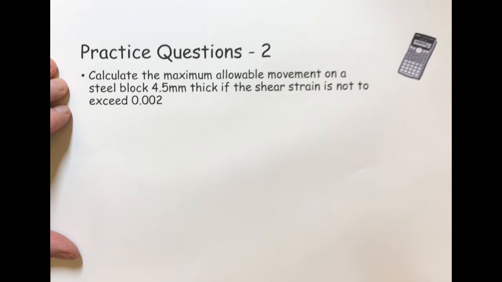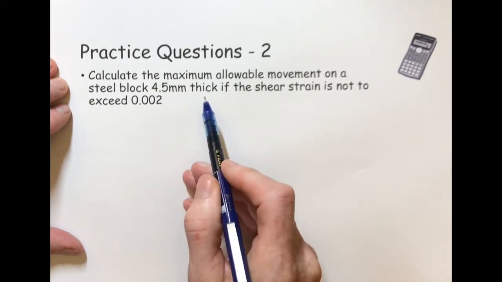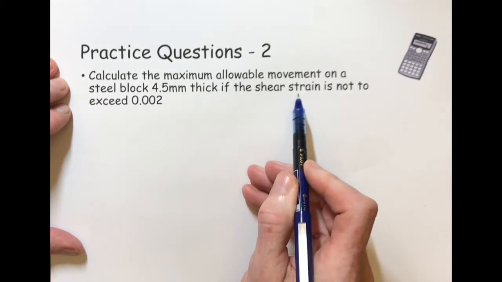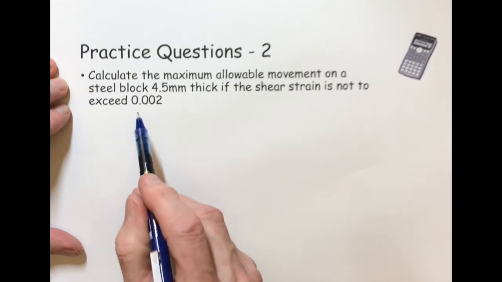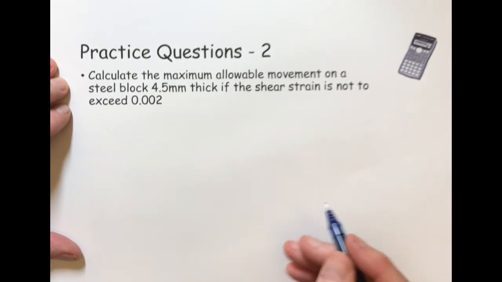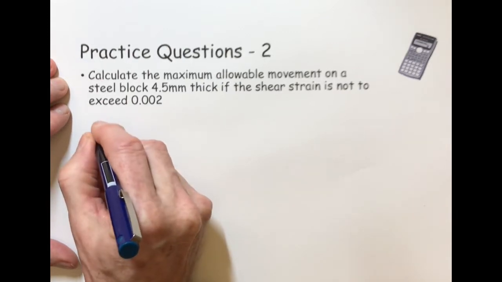Okay, so question 2. Calculate the maximum allowable movement on a steel block 4.5 millimeters thick if the shear strain is not to exceed 0.002. So let's write out the equations first of all.